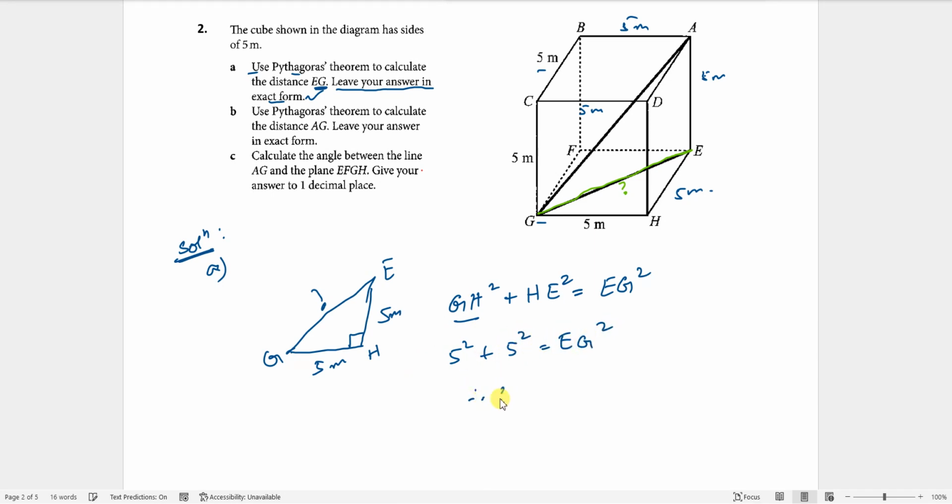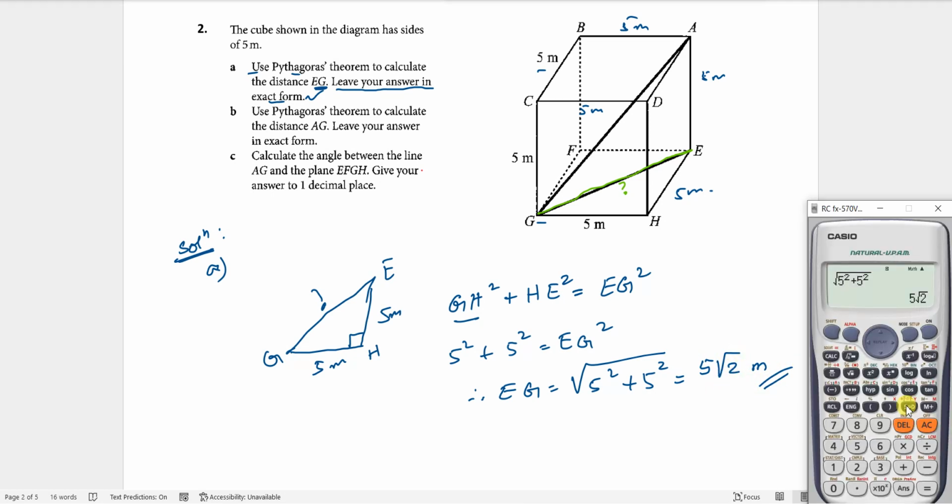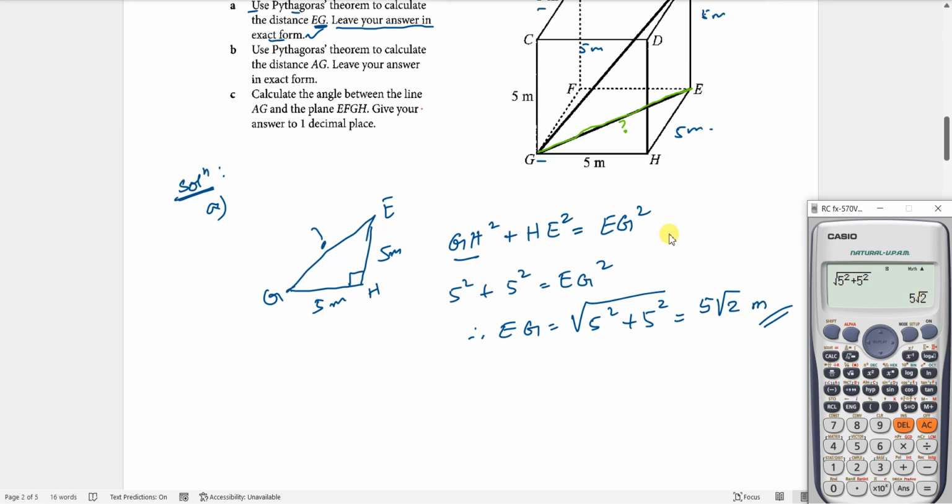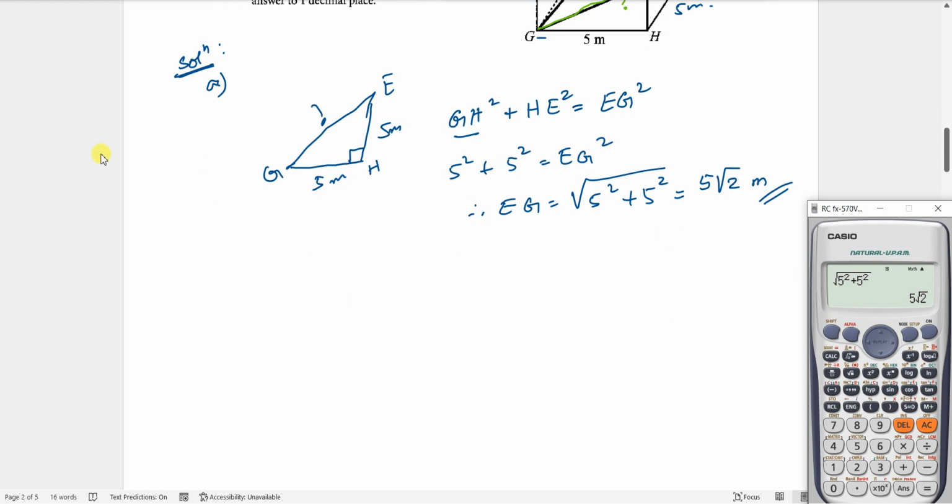Therefore, EG is equals to root over 5 square plus 5 square. Since they asked us to leave the answer in the exact form, we are gonna get 5 root 2 meter. This is how you get in the calculator. As you can see, 5 square plus 5 square, the calculator gives us an answer like this, 5 root 2. So just leave it like that. Do not write it in simple form, if especially instructed in the question.